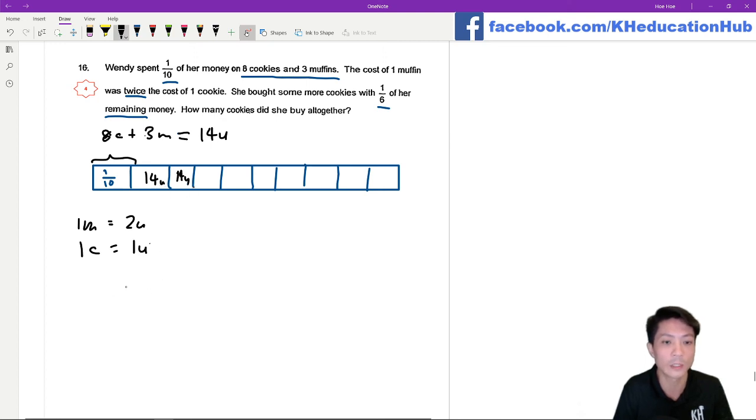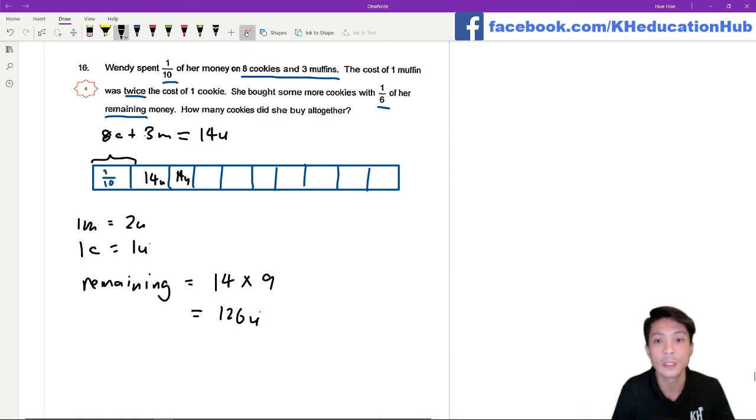So altogether the remaining is 14 times 9, which is 126 units.